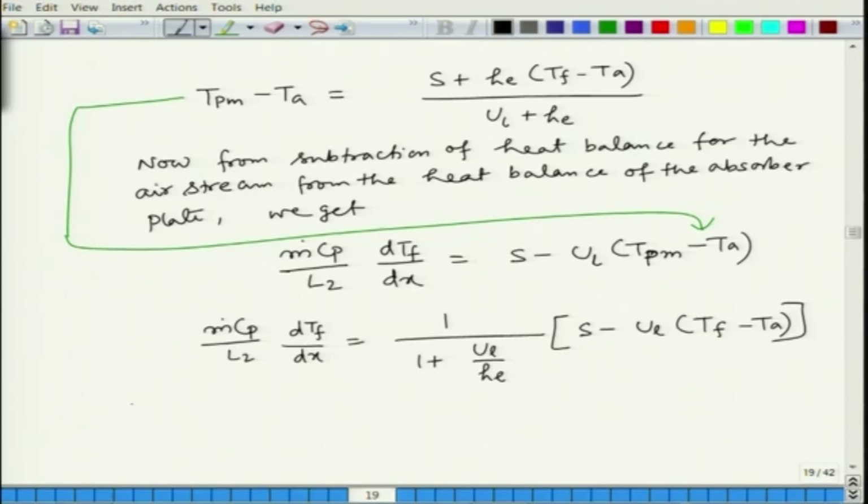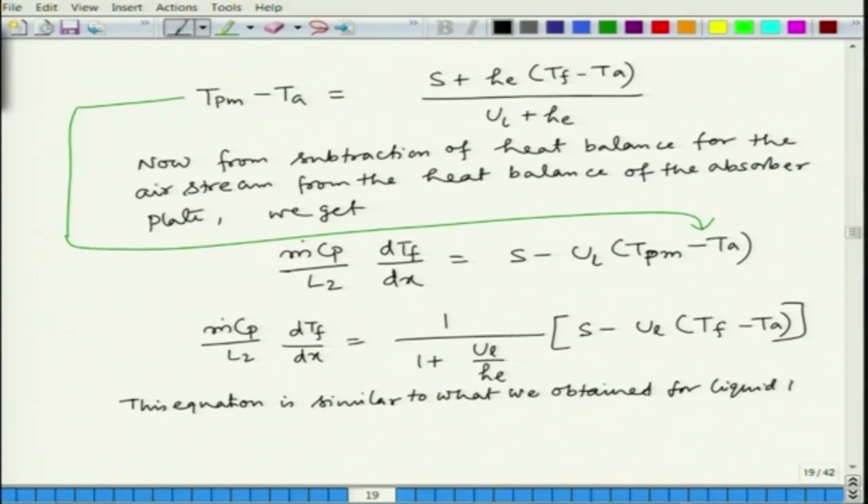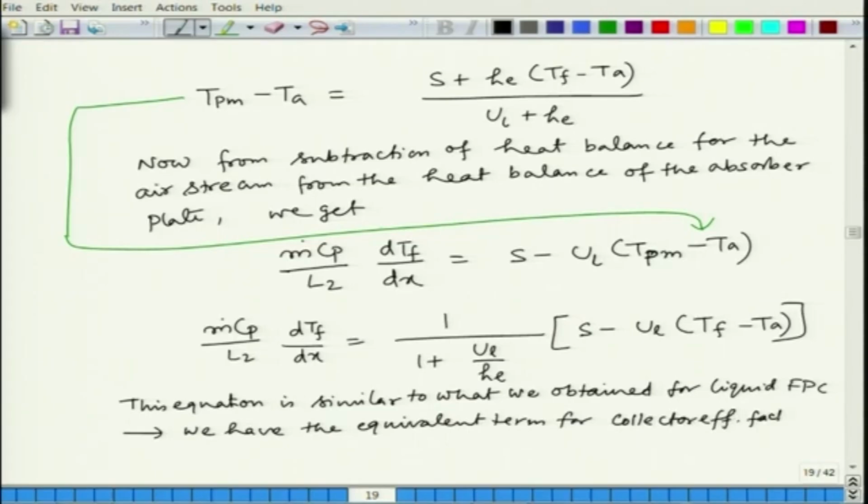So, let me write it explicitly that this equation is similar to what we obtained for liquid flat plate collector, and we have the equivalent term for the collector efficiency factor, which we designated as F prime.